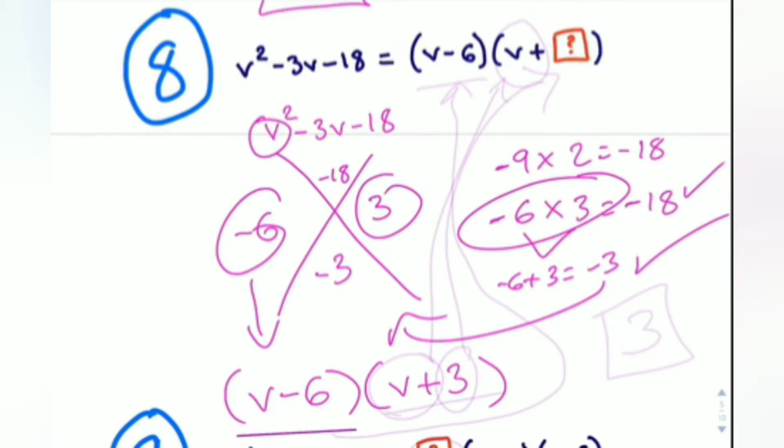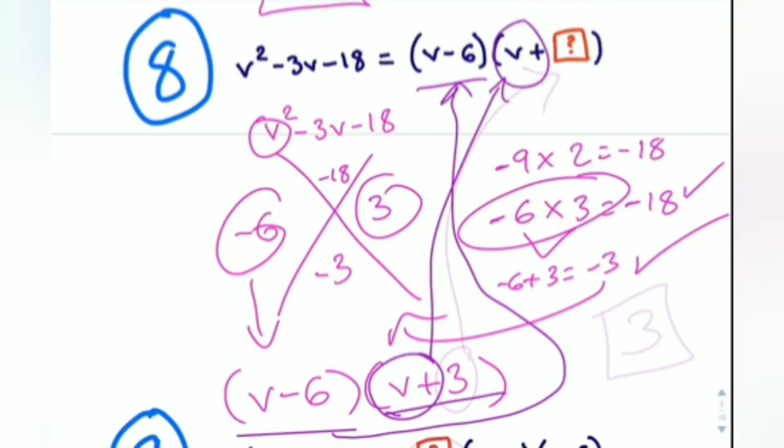B minus 6, it's right here, and b plus 3, it's right here, the same thing, b plus. So the question mark is 3. So our answer is 3. Good job.